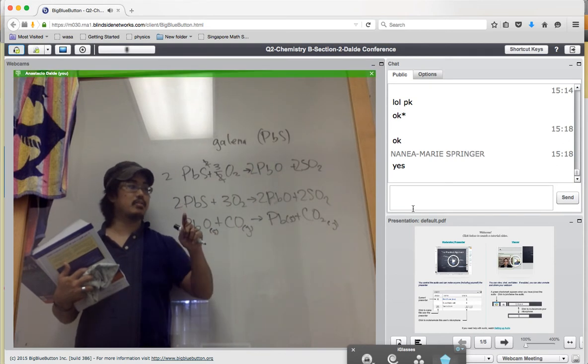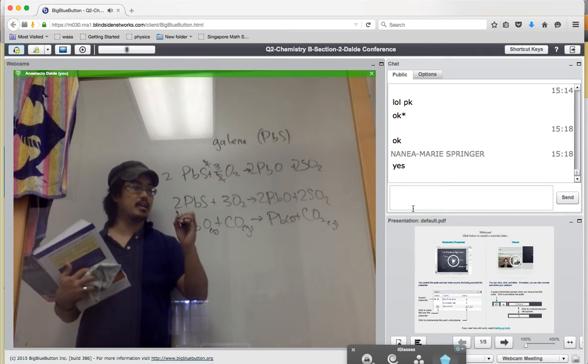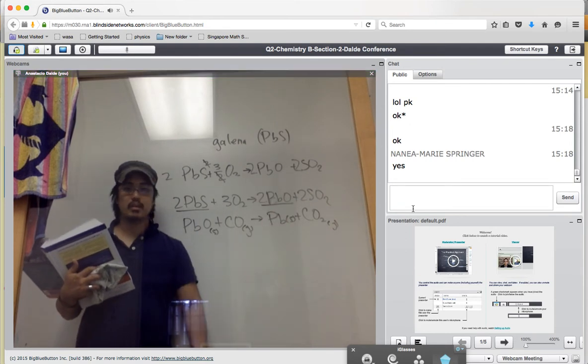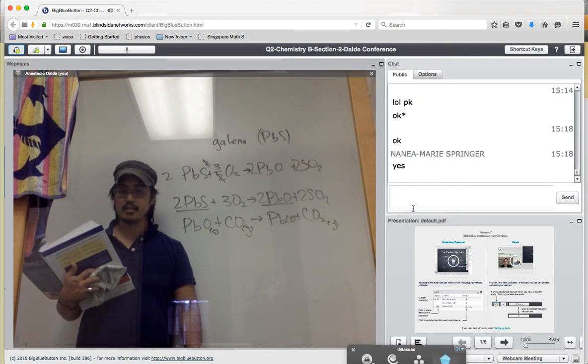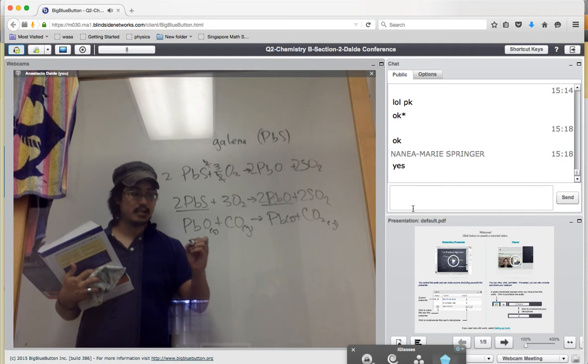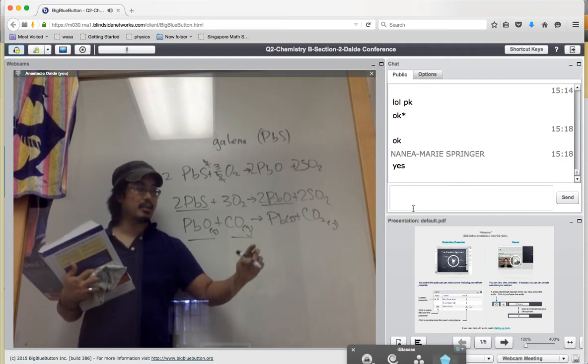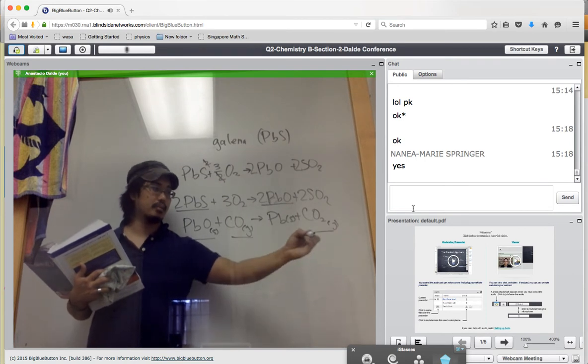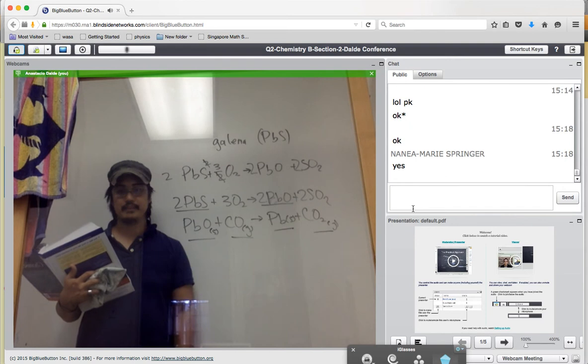Then that turns my lead sulfide into lead monoxide. Then I take that lead monoxide and I combine it with carbon monoxide, and then I'm left with a byproduct of carbon dioxide and lead. Does that make sense?